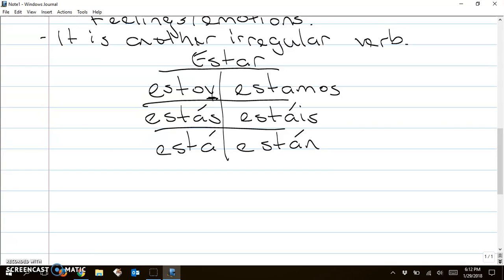The second irregularity. If you'll remember, regular AR verbs are o, as, a, amos, áis, and an.